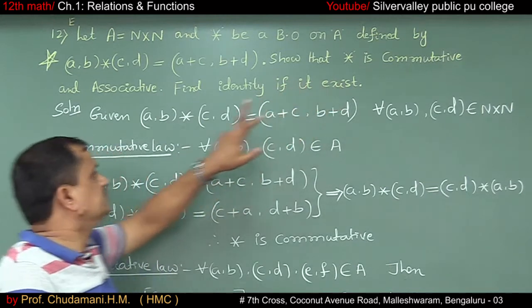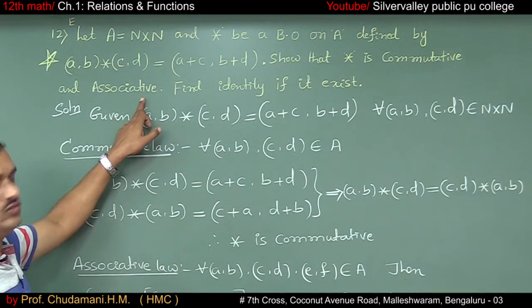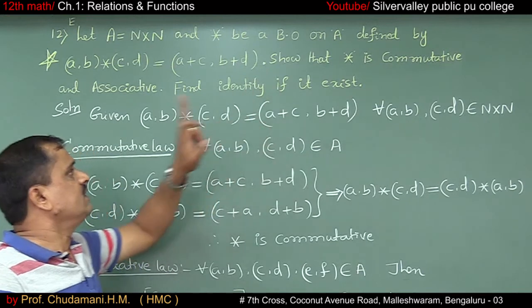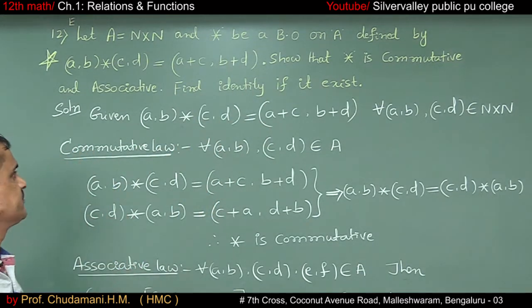Show that star is commutative and associative. Find the identity if it exists.